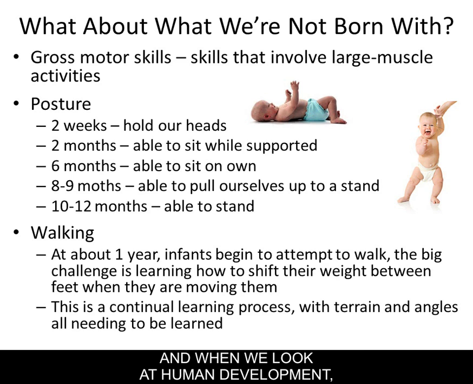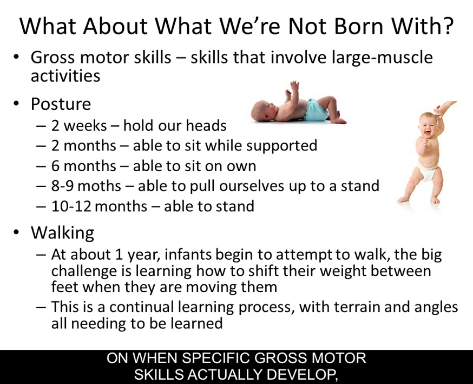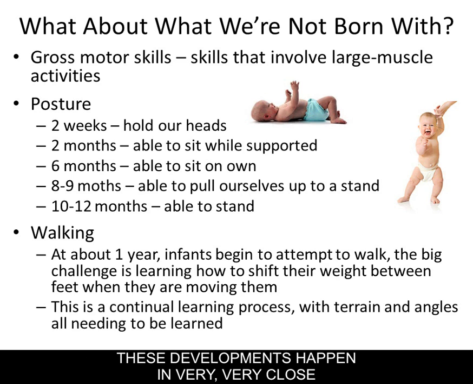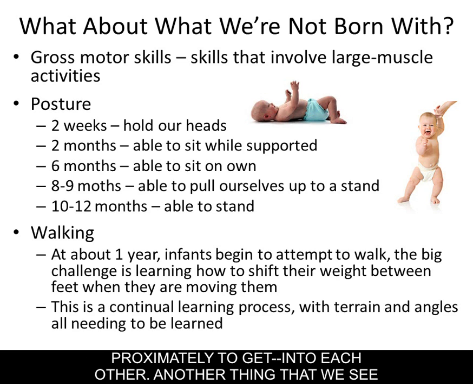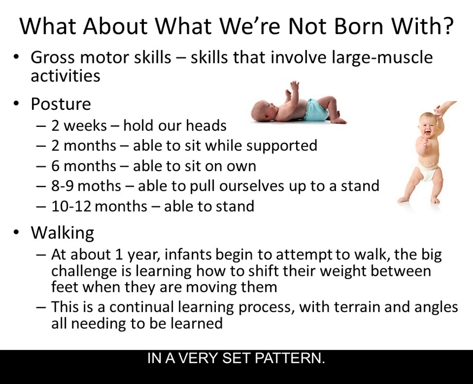And when we look at human development, even though everybody doesn't follow an exact pattern on when specific gross motor skills actually develop, what we see across large samples of individuals is that these developments happen in very, very close proximity to each other. Another thing that we see with gross motor skill development is that they happen in a very set pattern.